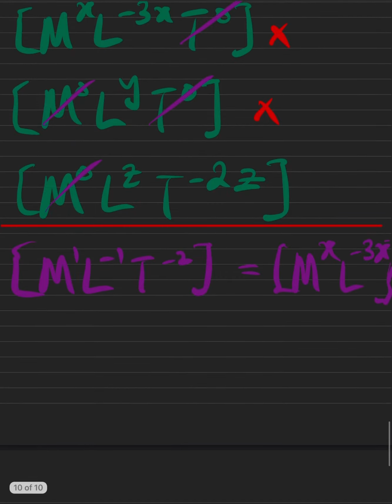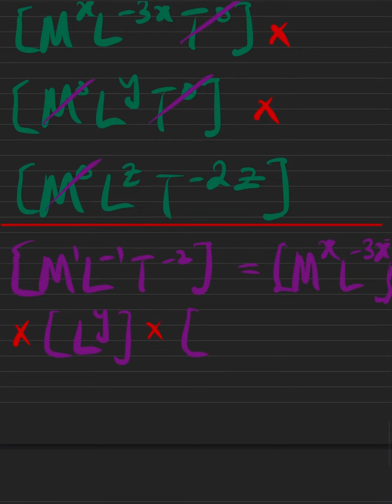So you are going to multiply that. The second one, just y, that is L raised to power y, right? So you multiply it for the third one. That one as well, you are going to have just the L, and then you are going to have t raised to power minus 2z.